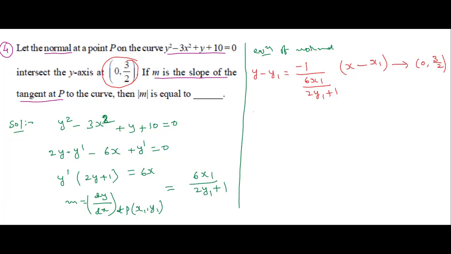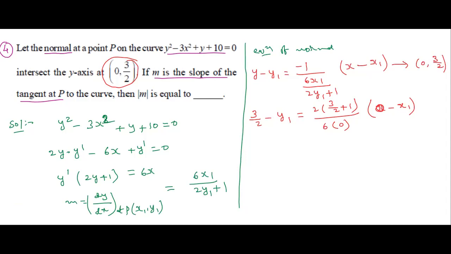So here we get 3 by 2 minus y1 equals minus (2y1 plus 1) divided by 6x1 into 0 minus x1. Up to here we got.